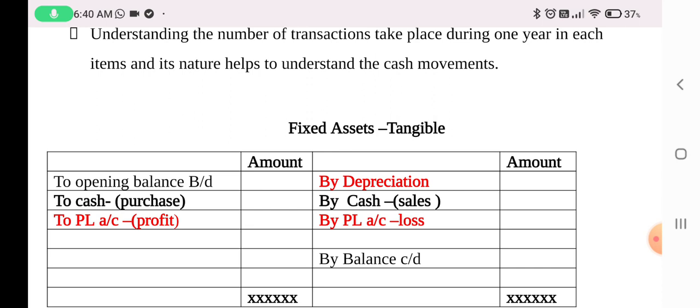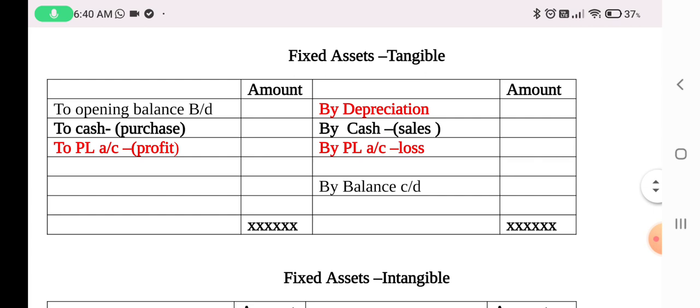When you want to know what transactions are making changes on the asset side, you must understand what type of transactions and the nature of transactions take place in the fixed assets. Tangible fixed assets mean building, machinery, whatever you can see and touch. There are five transactions that take place during one year. It starts with the opening balance.